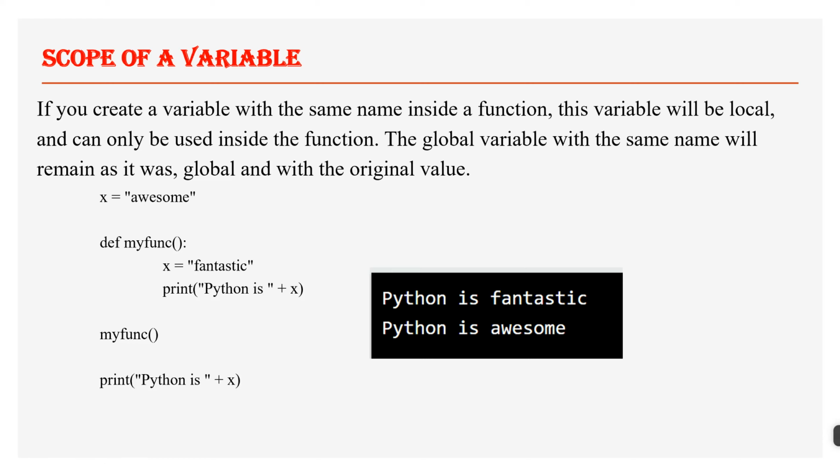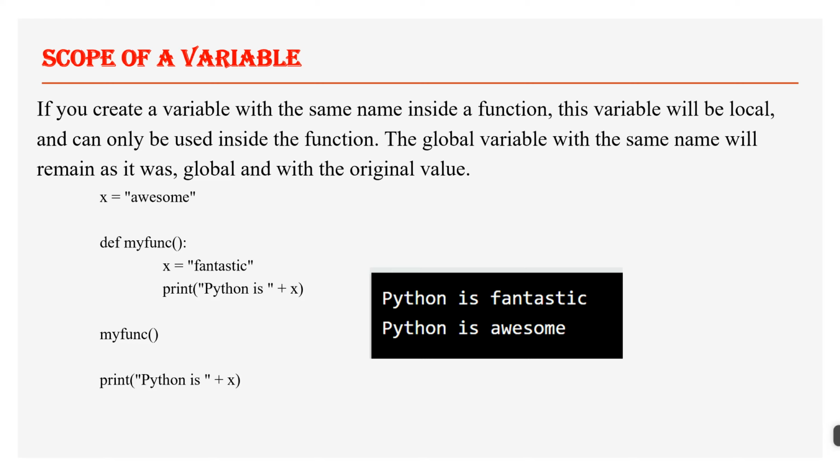Now, as I already told, the scope of a variable means where you give the value to the variable, how long the variable will hold that value, and where the particular variable is defined. See, let me look into this example wherein I am defining x globally with the value awesome, but I am defining a function.